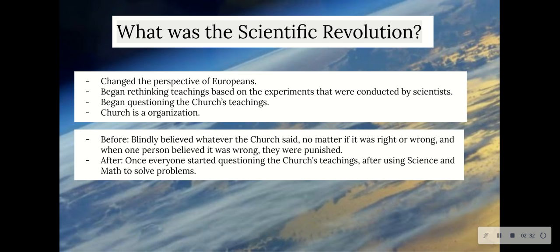If somebody believed that it was wrong, they were punished. But now, once everyone started conducting experiments using science and math to solve these problems that the church was saying were different, everybody started questioning the church's teachings.